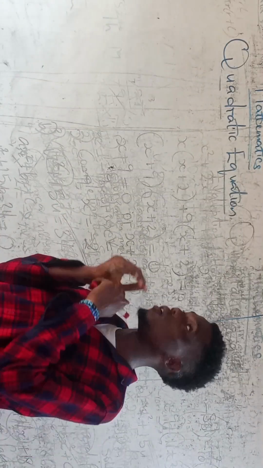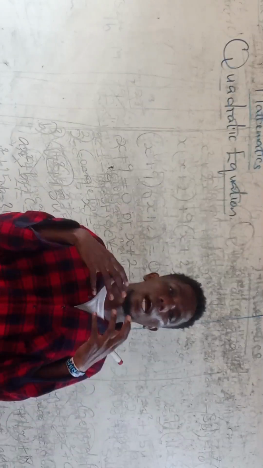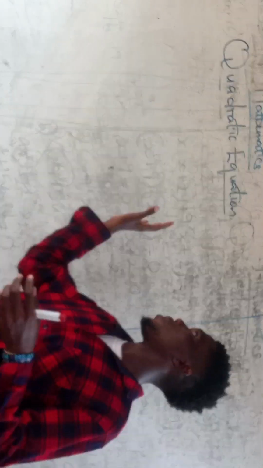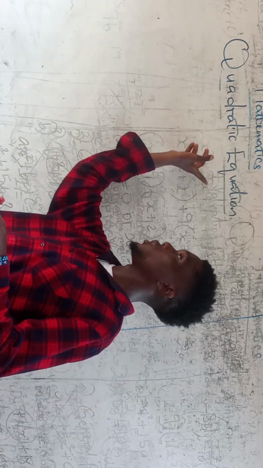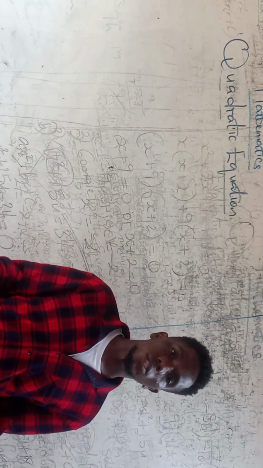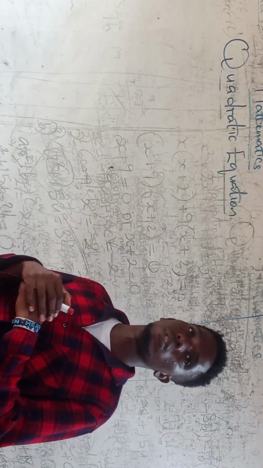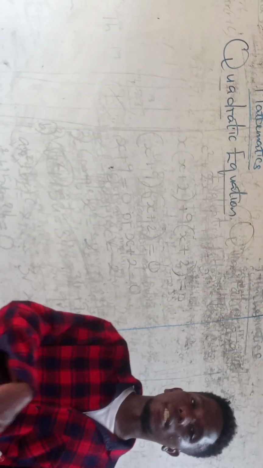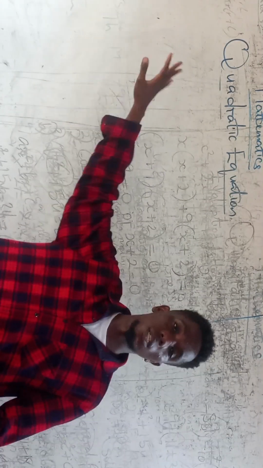Some of us have studied this and we know it already, right? But I want to shed more light and give us a better understanding of what quadratic equations are. So we'll solve some problems, we'll see some questions, and let's quickly go straight into this topic. Before I start, I would like to give a definition of what a quadratic equation is.